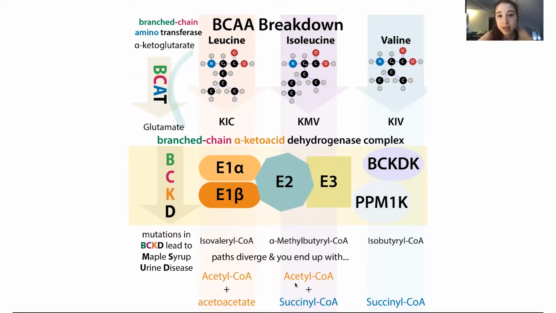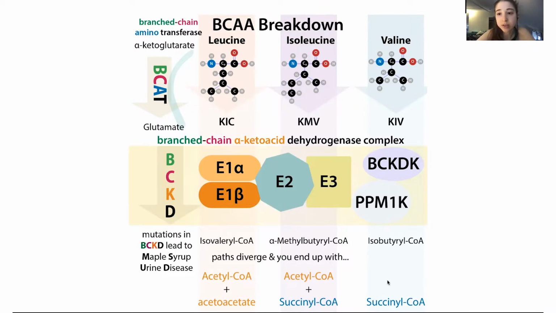With leucine and isoleucine, you're getting products that can be used for ketogenesis, so you can make ketone bodies and lipids like we talked about in yesterday's post. And with isoleucine and valine, you're getting succinyl-CoA, which can enter the TCA cycle and be used for glucogenesis.